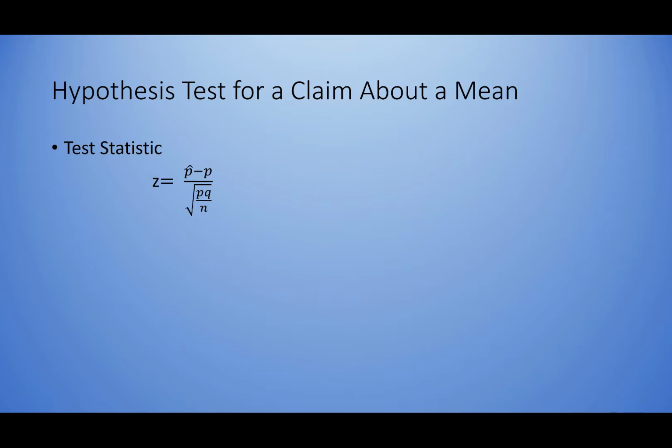Now, in order to do a hypothesis test, we are first going to compute what is known as the test statistic. In order to do that, we have this formula here where we're going to be computing a z-score, because remember, we are using the normal approximation. So our z-score is going to allow us to look up some different values on our normal distribution table.